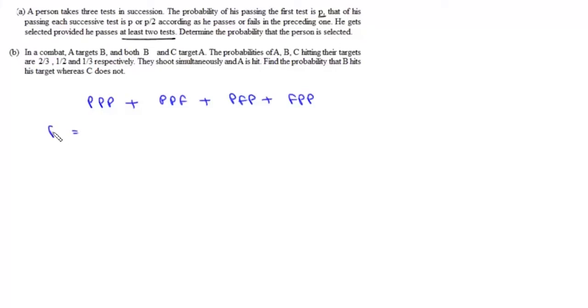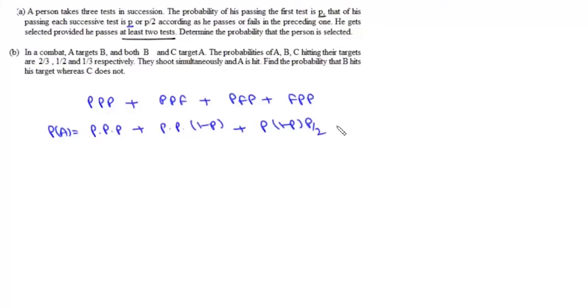Now the required probability for this event, say A, will be, for the first test, he passes with the probability P. Now if he passes this first test, then the probability of passing the next test is again P, and here also it will be P. Plus, now passing here is P, next one also will be P, and failing the third will be simply 1 minus P. Now passing the first one, P, failing second, it is 1 minus P, and if he has failed in the second test, then passing this third, it is P by 2.